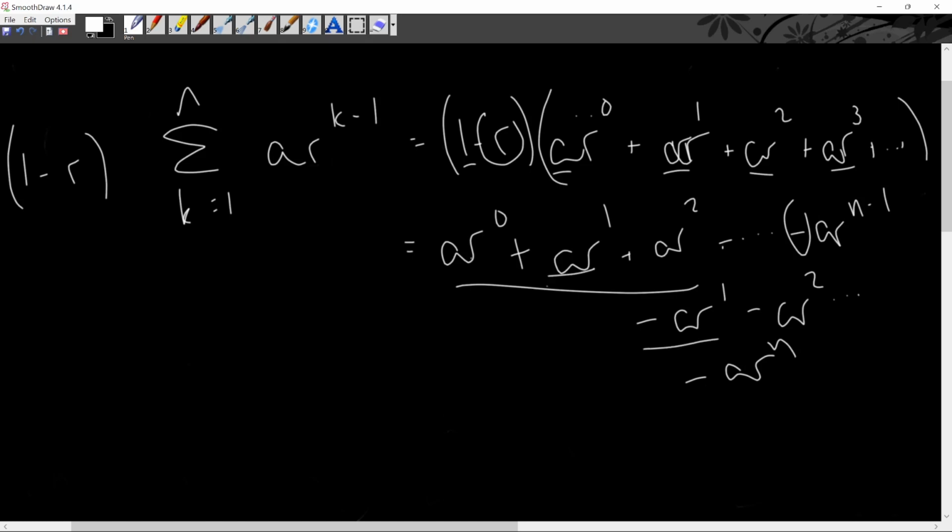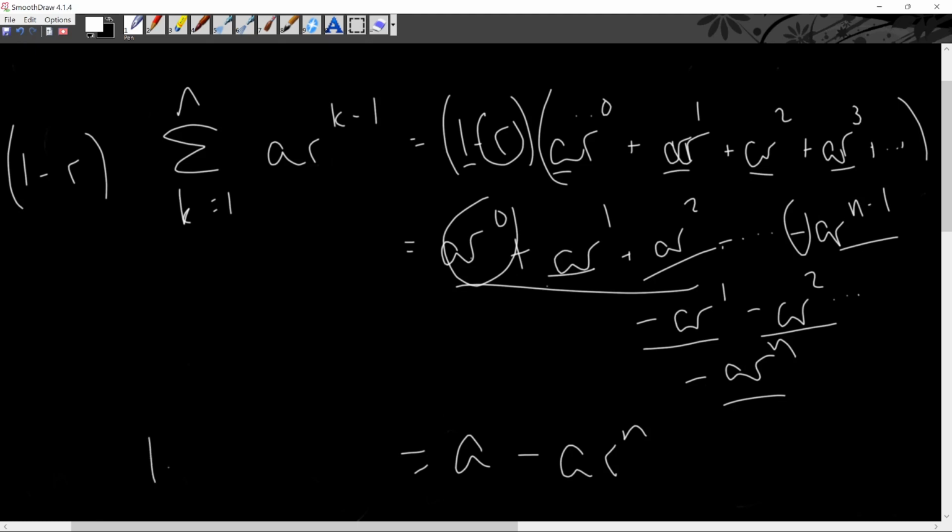You are adding and subtracting, so these terms will eventually cancel out, and this will also cancel out. So you're only going to be left with a, which is a times r to the 0, this term, minus a times r to the n, the last term in the series. And yeah, so that's pretty cool, I would say.